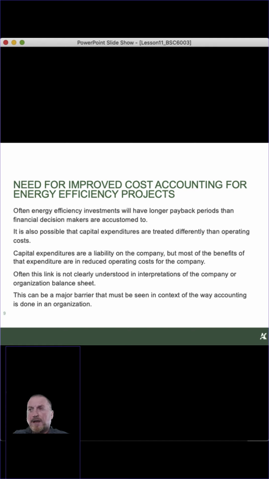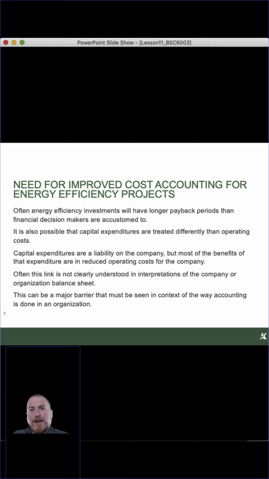The other major problem that we have in the accounting departments when we're trying to convince the financial controllers and accountants to treat our projects differently is that a lot of what we do in energy management is capital expenditures, and they're treated differently than operating costs. Okay. Operating costs can be written off against operating revenue, but capital expenditures are usually treated as debt, rather than being seen as an investment into lowering operating costs or enhancing operating revenue.